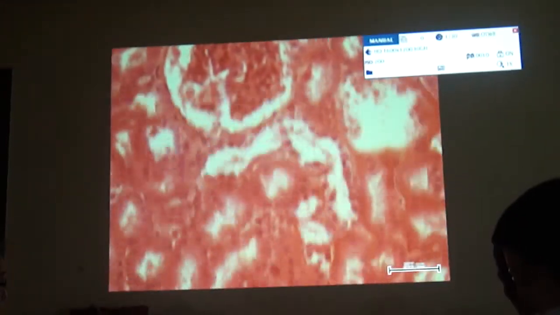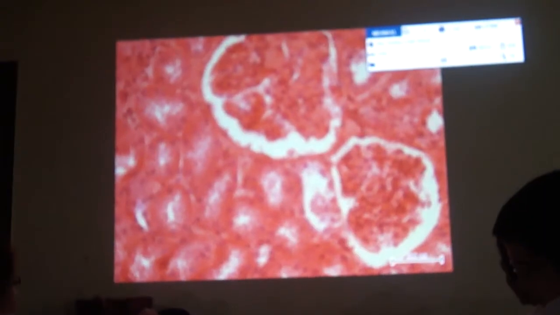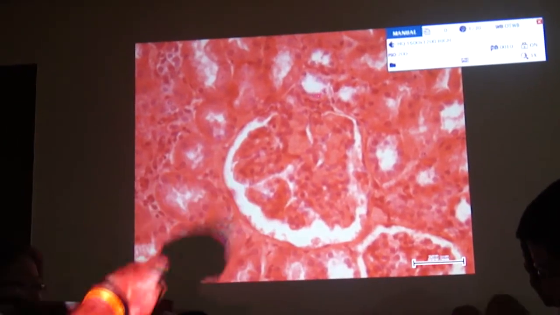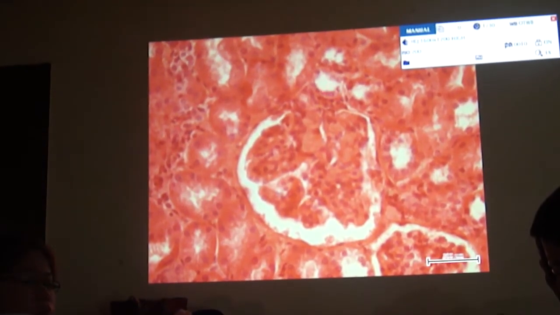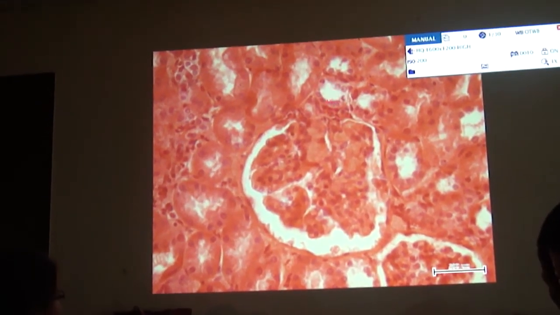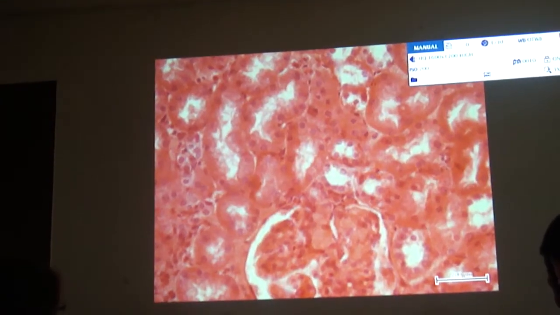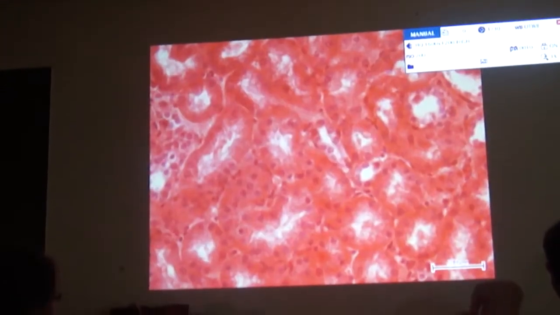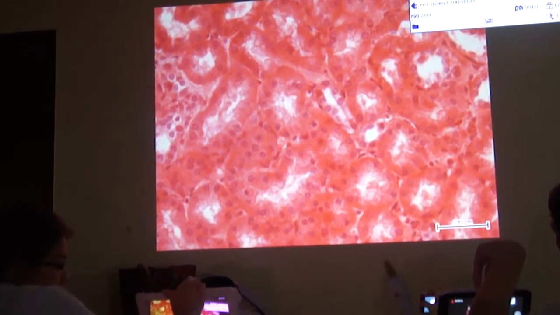So earlier, we already pointed out, associated with the vascular pole of the glomerulus, a portion of the distal segment which is specialized to form the macula densa. Now, how about the rest of the distal and the rest of the proximal tubules?